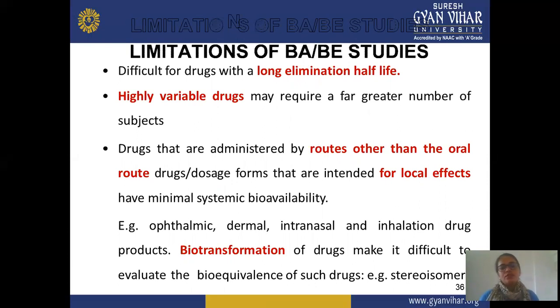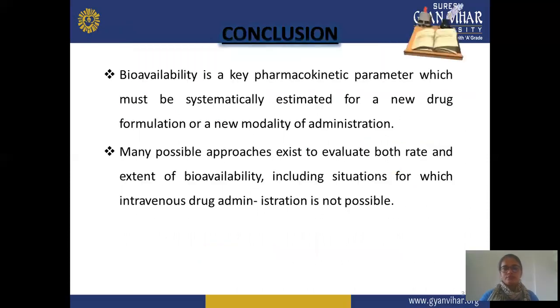Then drugs that are administered by a route other than the oral route, or dosage forms intended for a local effect, have minimal systemic availability, meaning if you are using another route instead of the oral route, it is difficult to check with a bioavailability study. Examples are ophthalmic, dermal, intranasal and inhalation drug products. Biotransformation of a drug makes it difficult to evaluate bioequivalence, for drugs like stereoisomers.